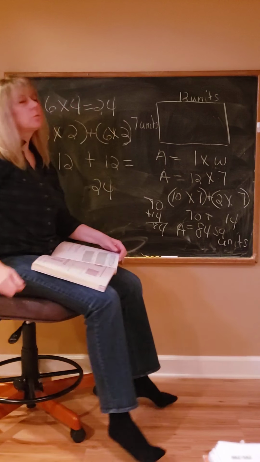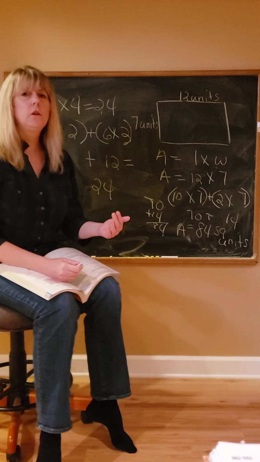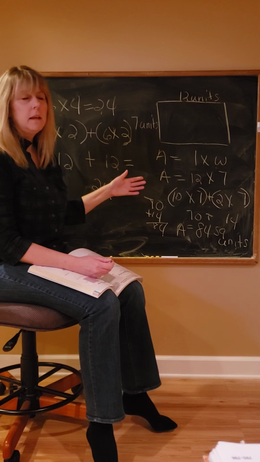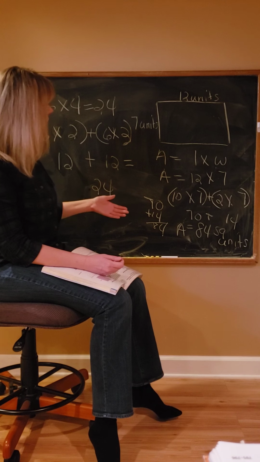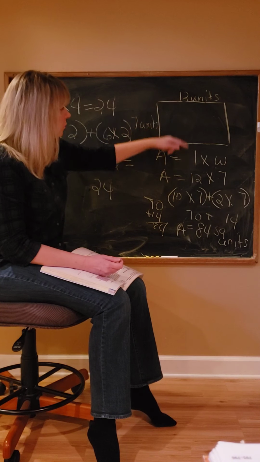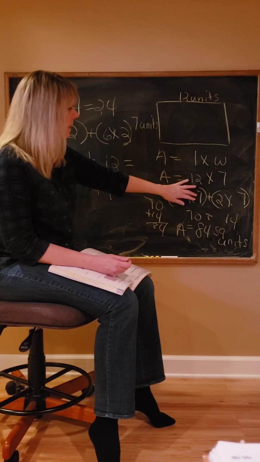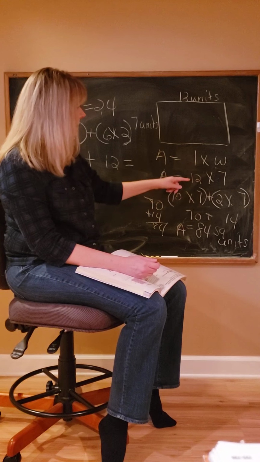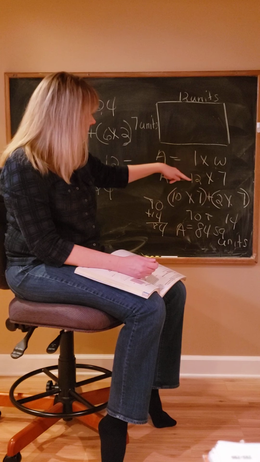So that's what this whole lesson is about. It's about using the distributive property to find the area of a rectangle or a square. Once again, 12 times 7: I'm going to keep my 7 the same, rewrite it in my parentheses, break up the 12, decompose it.